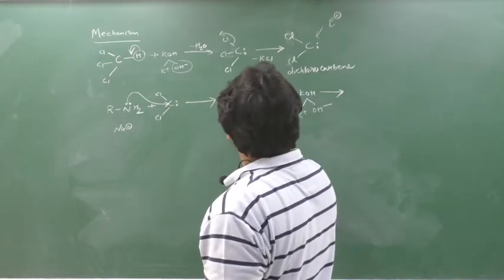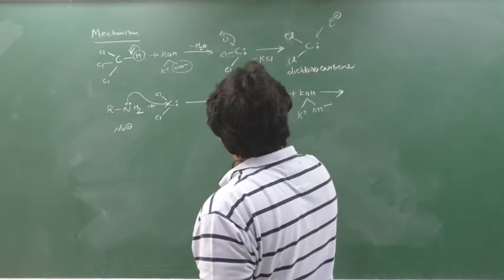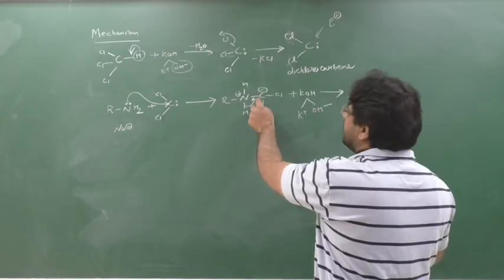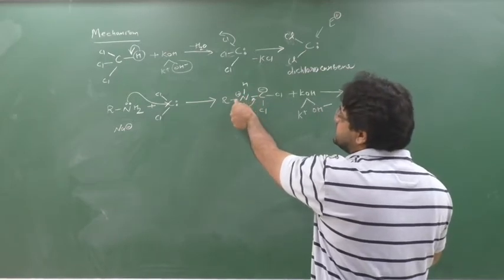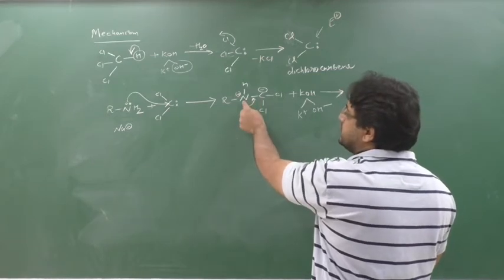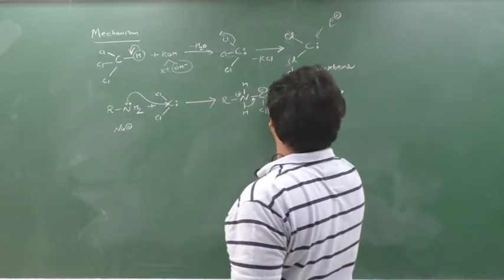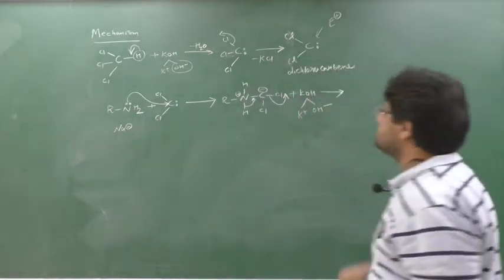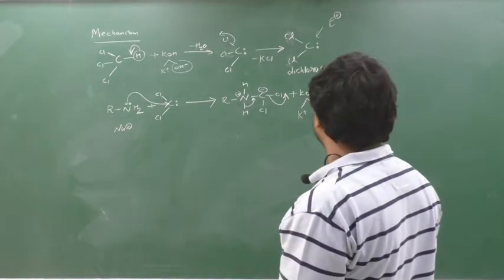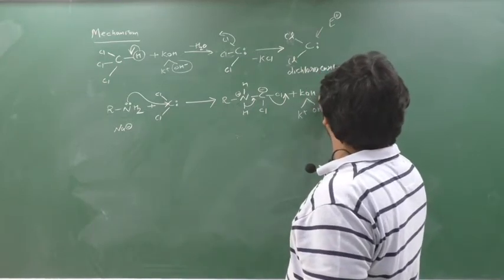So this hydrogen will give its electron and shift this bond here, and the carbon makes a new bond with nitrogen by releasing H plus. When carbon makes a new bond with nitrogen, it has to break the old bond, so Cl will be released as Cl minus. So now what will happen? See here, the reaction will occur in this way.